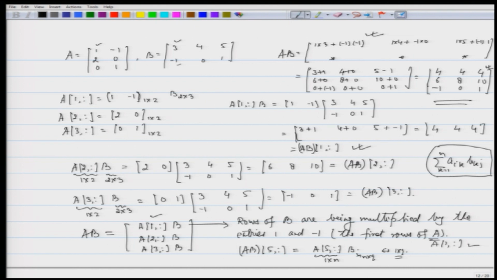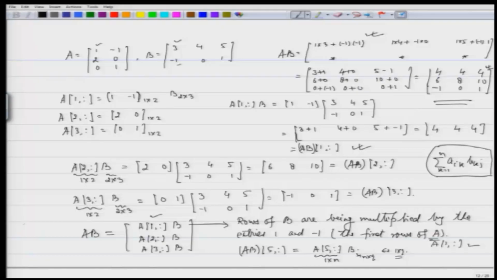Let us see again. When I want to compute AB, I can compute it entry wise: the A11 entry times B11 plus A12 into B21 plus so on. So, I can compute the 11 entry of AB, the 12 entry of AB, the 13 entry of AB and so on.